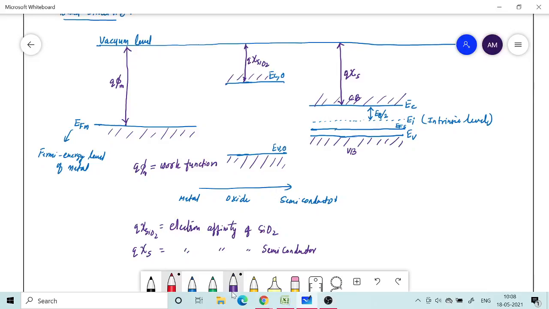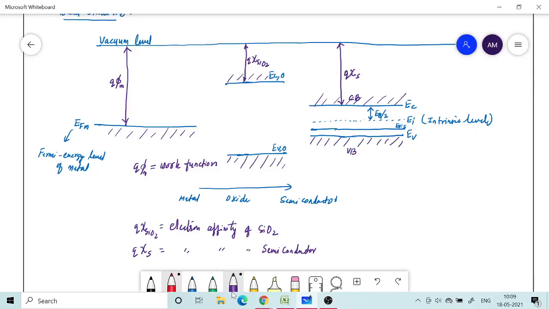If you are talking about an intrinsic semiconductor where we do not do any doping, the Fermi level basically coincides with the intrinsic level. That means the probability of finding an electron in that energy level is half. Though there are no states available, we can still talk about the probability of occupying.